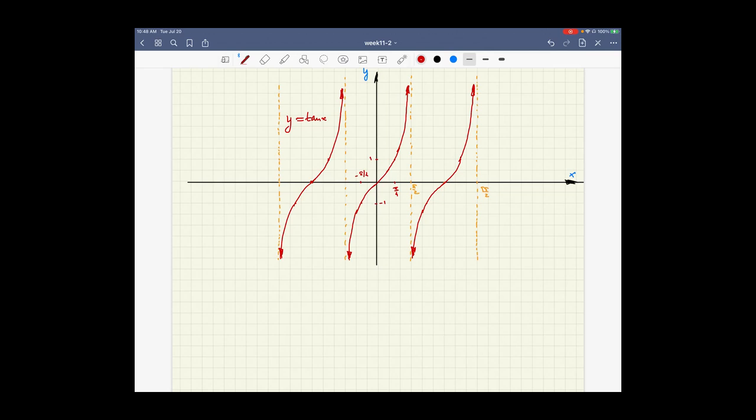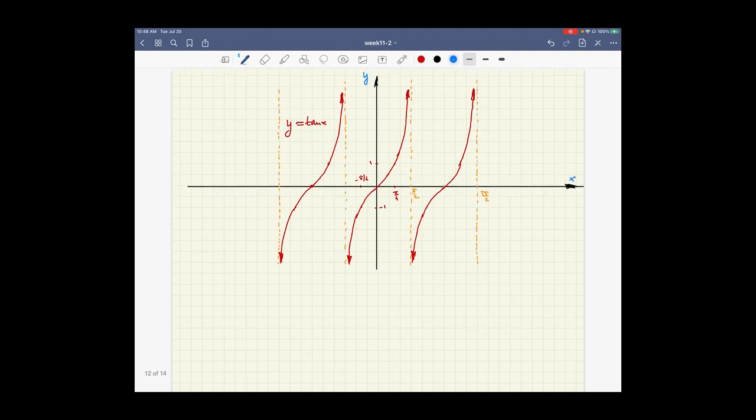And again, we see our function doesn't pass the horizontal line test. It's not injective if we view it as defined on the usual domain, all the x's except pi over 2 plus pi n, where n is an integer.